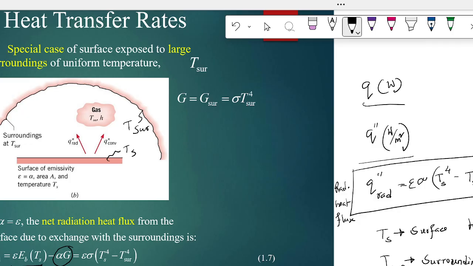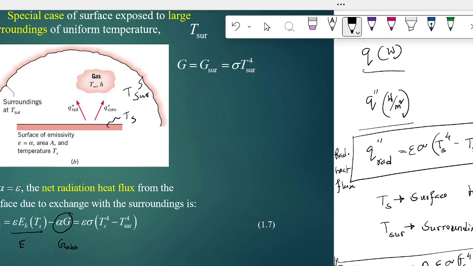Let me write that here: epsilon sigma Ts to the power 4, and alpha sigma T surrounding to the power 4. As a side note, I'm just putting it in the box. Now, is this the same equation as what we wrote for Q double prime rad? It is not. Alpha is 0 to 1, sorry. The 1 doesn't look like 1 here, but it does on my computer.